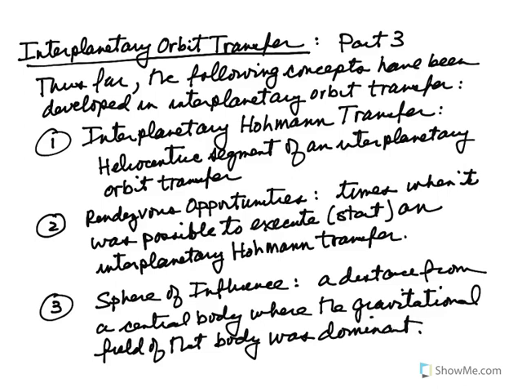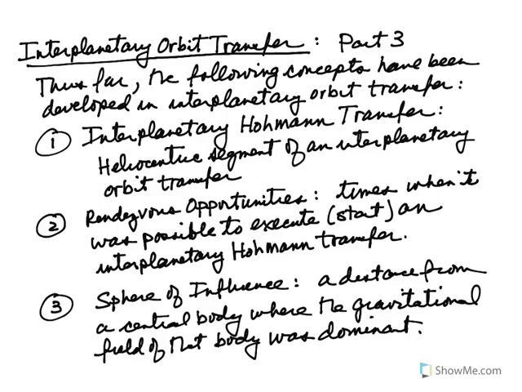So if you were within the sphere of influence of that body, then the gravitational field of that body had the larger influence on the motion of the spacecraft. And then when you moved outside of that distance, the sun actually took over as the dominant body.